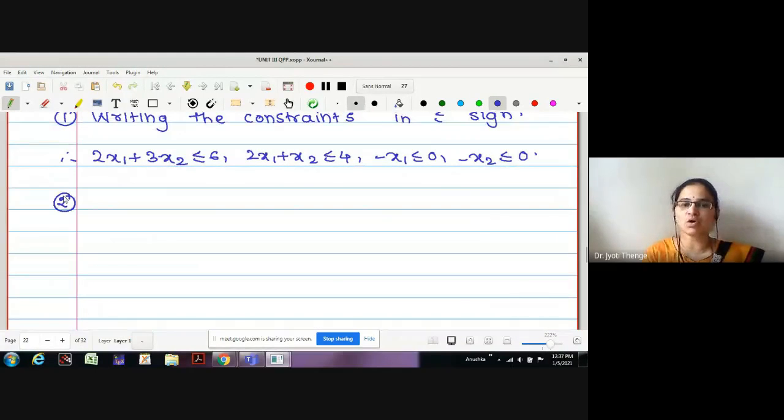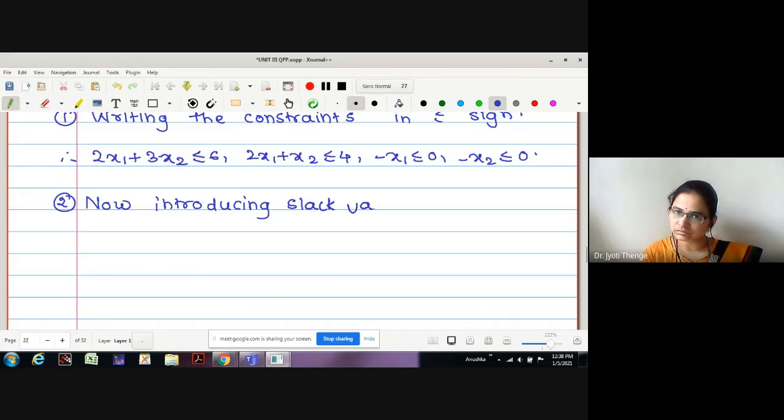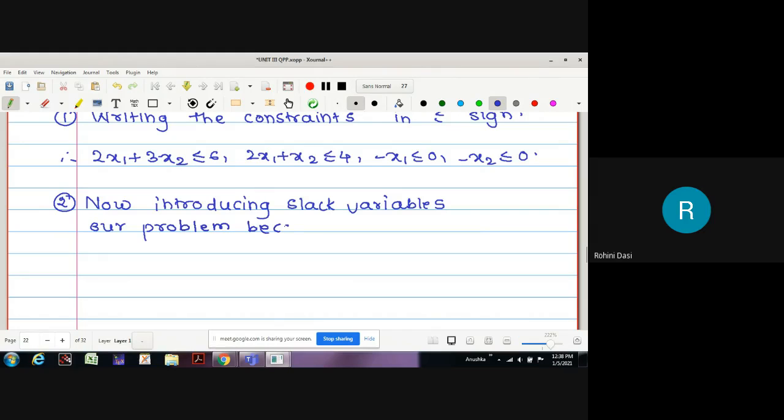Now we will convert all the 4 constraints to equality by introducing the slack variables. Can anyone tell me which slack variables we were using? qi square and rj square.